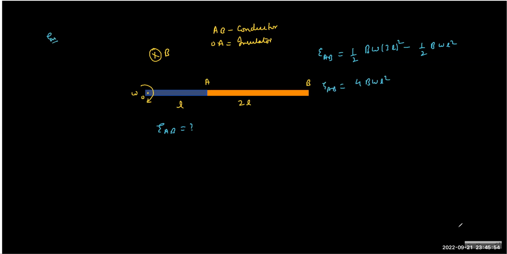So now we can go to the next one. Combined motion means the body is translating as well as rotating.